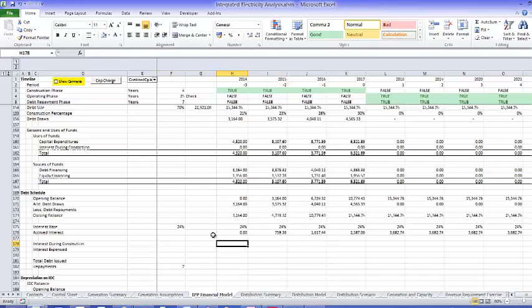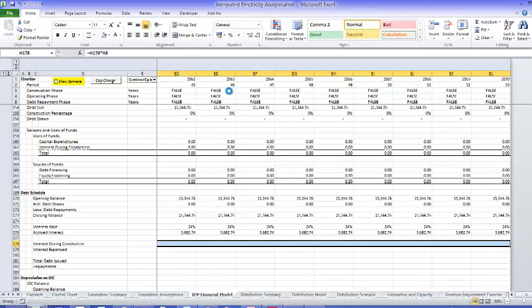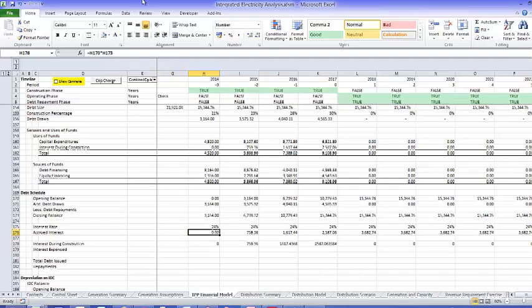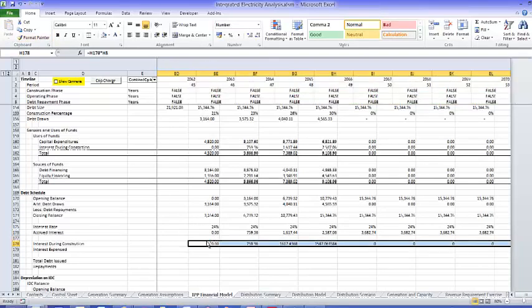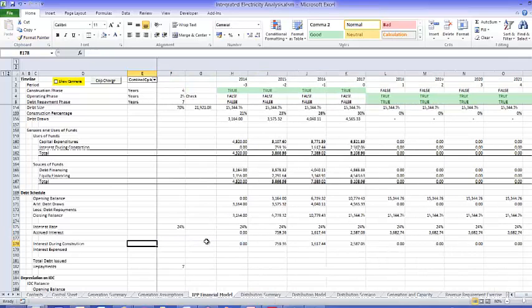It occurs over the life. Now, if we take this multiplied by the construction phase, then that's the interest during construction, and that's the thing that goes upstairs into the sources of funds, I hope.